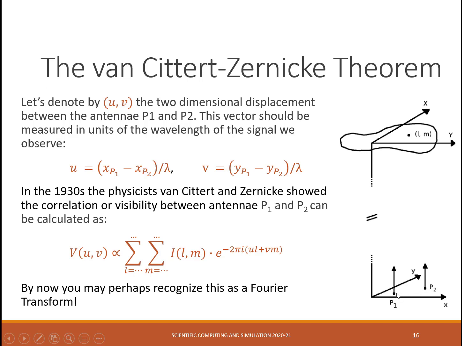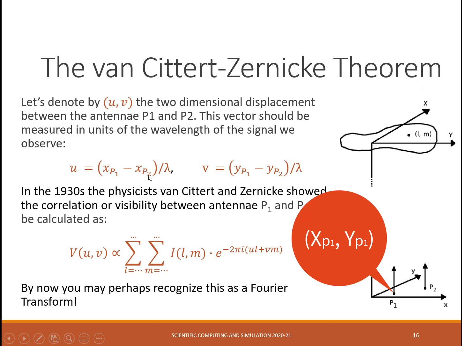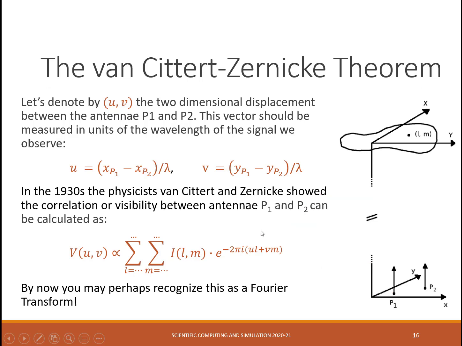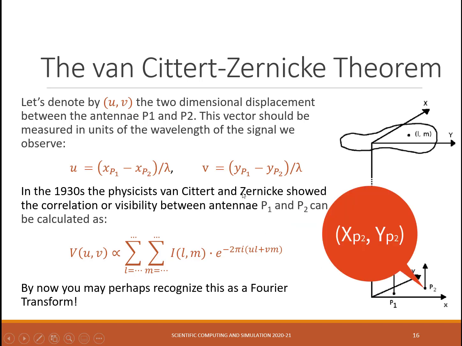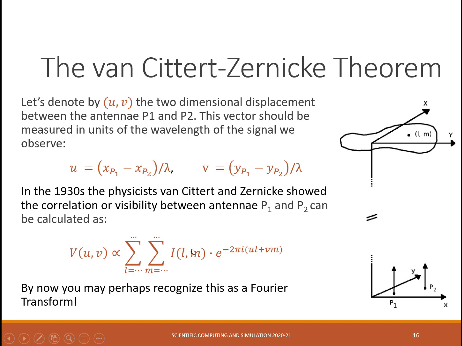As illustrated here, we can find u and v values for any pair of antennas using these two equations. In these equations, xp1 and yp1 correspond to the coordinates of the antenna P1. And similarly, the pair xp2 and yp2 represent the position of the antenna P2. Lambda is equal to the wavelength of the signal received by the antennas.